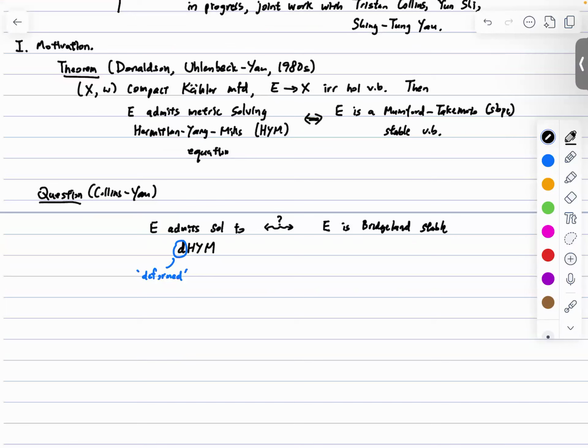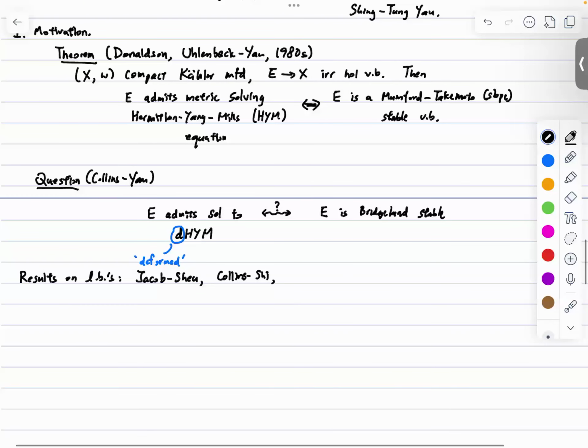And there are some results on when E is a line bundle. So results on line bundles. So the result by Jacob and Sheu. And in algebraic geometry, the first result, I think, was by Collins and Shi for P2 blown up at a point.